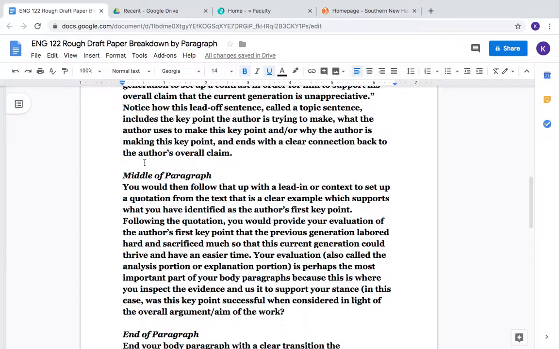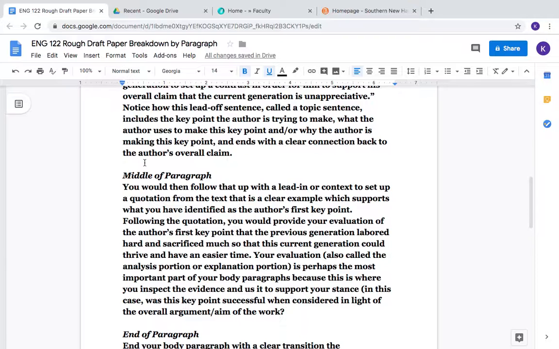Your evaluation, also called the analysis portion or explanation portion, is perhaps the most important part of the body paragraph, because this is where you inspect the evidence and use it to support your stance. In this case, was the key point successful when considered in the light of the overall argument or aim of the work?